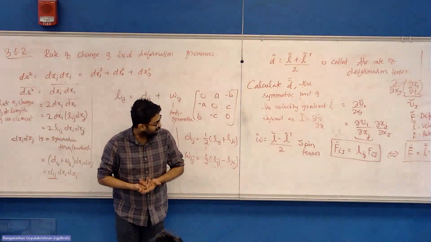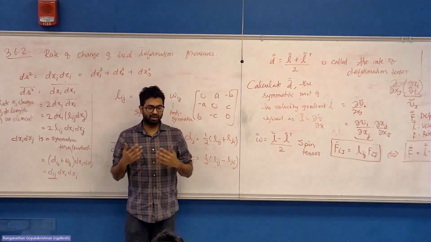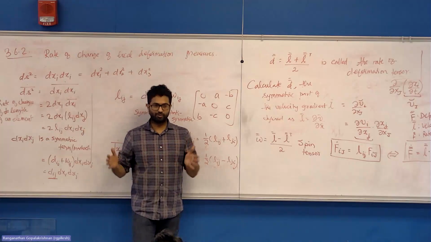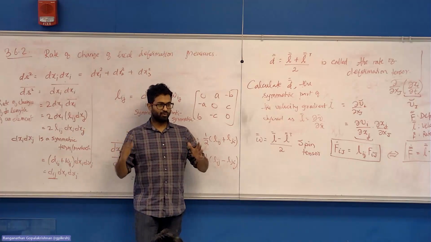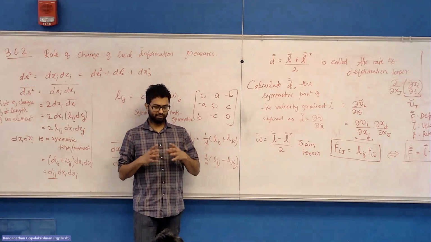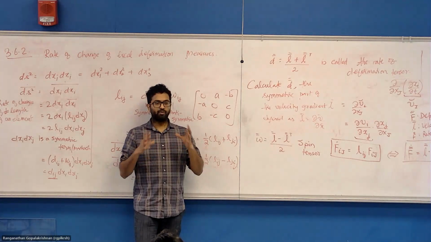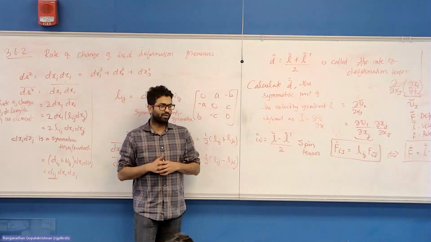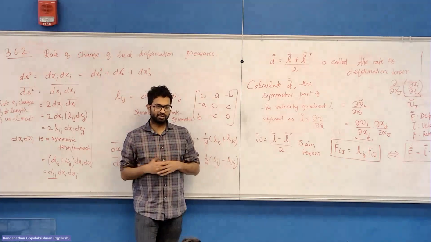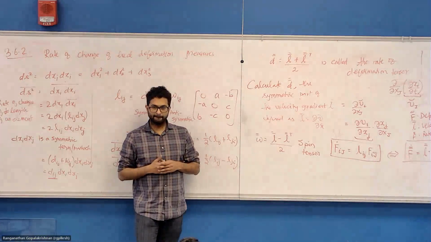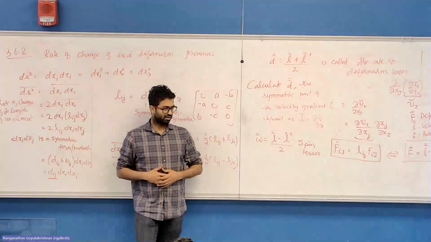If you are, for example, measuring the velocity field in a fluid flow, if you take a technique like, how many of you are aware of the word particle image velocimetry, PIV? Heard of it? Okay, no one.